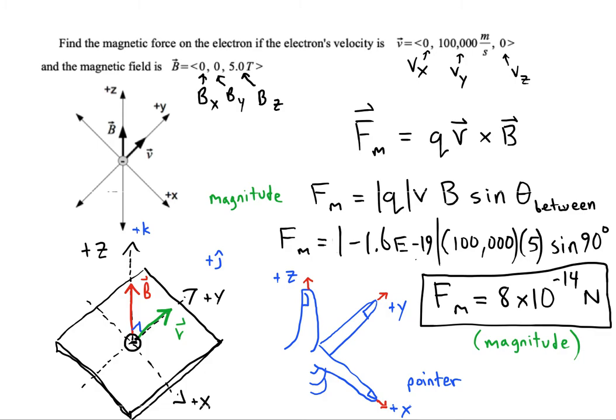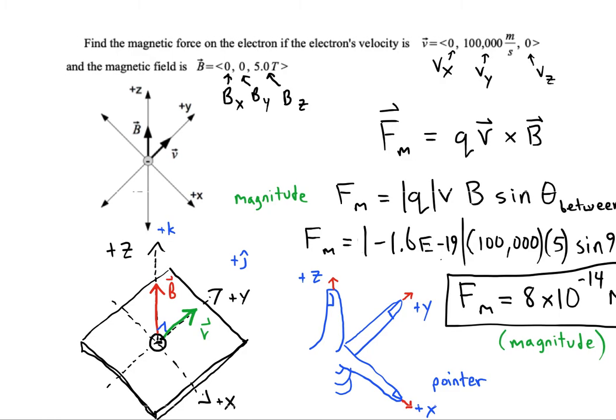The reason why is that positives and negatives react to magnetic fields in totally opposite ways. So if this was a positive charge, then I would use the right-hand rule on it. It would feel a force in a certain direction. But since it's an electron, the easiest thing to do would be to switch your hand to left-hand rule.